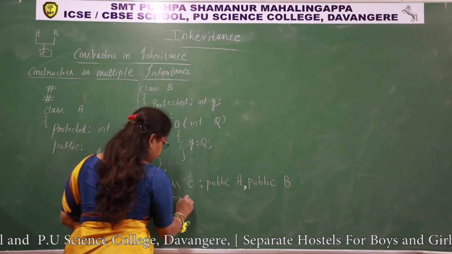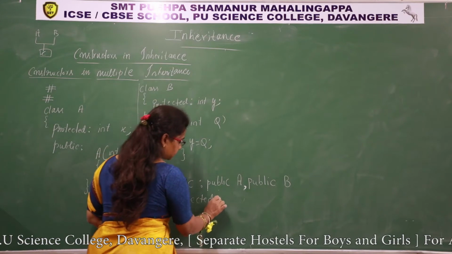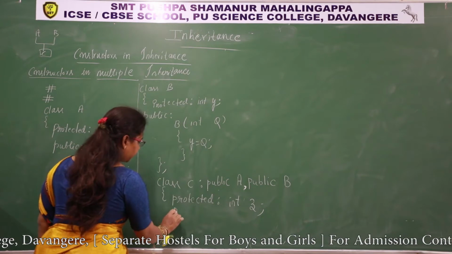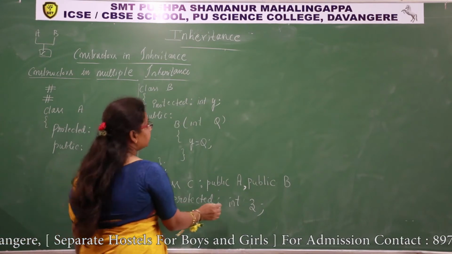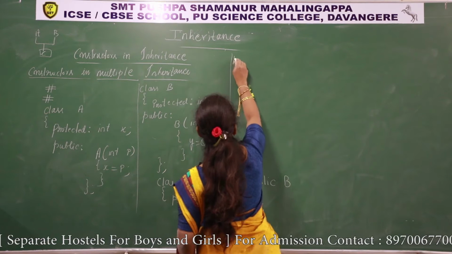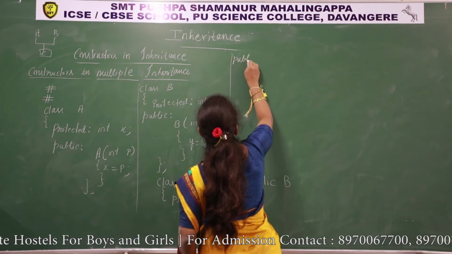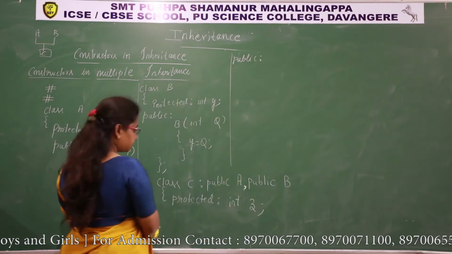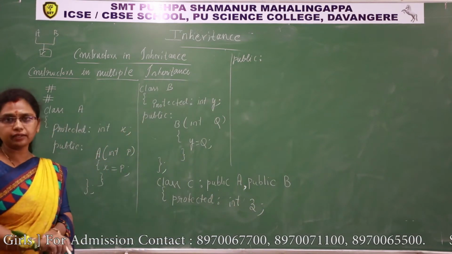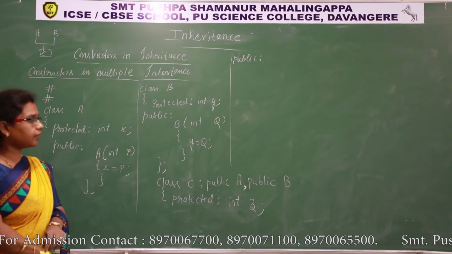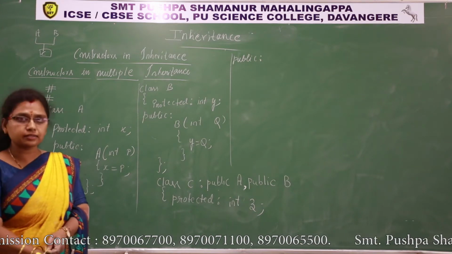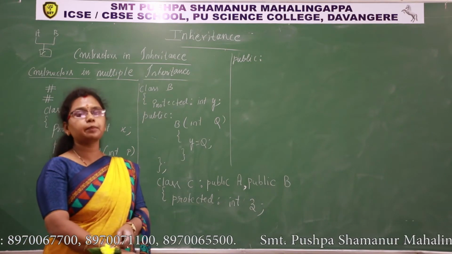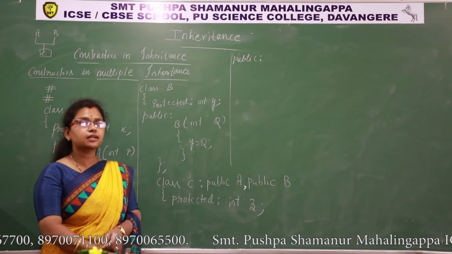In a protected section, int z, public, and right here, public, colon, C here. C is a derived class of class A and class B. So class A and class B are the immediate parent classes of class C. So class C directly has to pass parameters to its base class constructors.